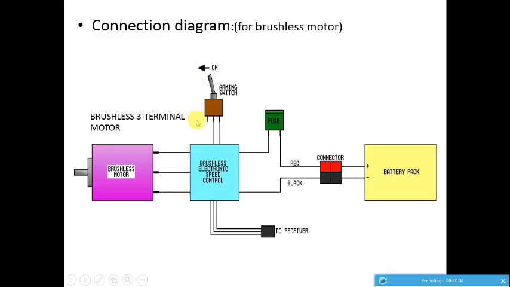You can use them or leave them. From the ESC, let me explain the wiring of the ESC. The ESC will have many inputs and outputs. It has a two wire input which is to be connected to the battery, and three channel outputs for the motor. These three wires are to be connected to the corresponding three wires of the motor.